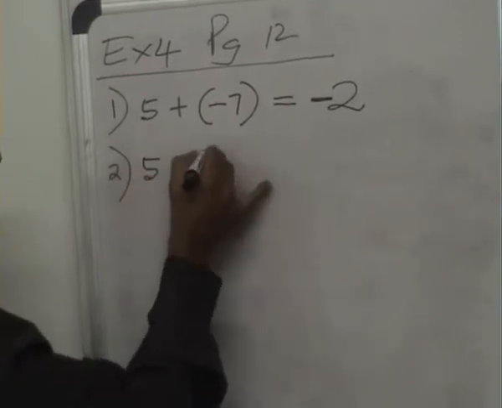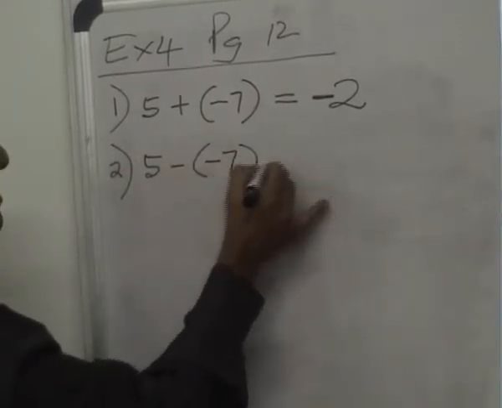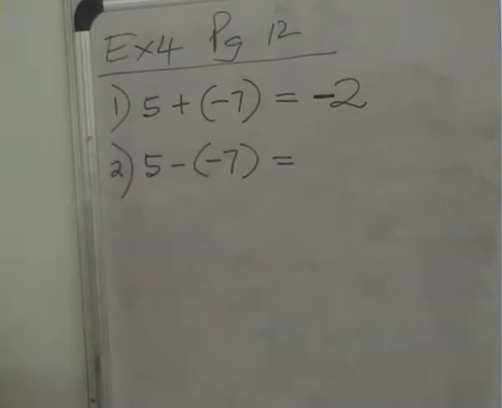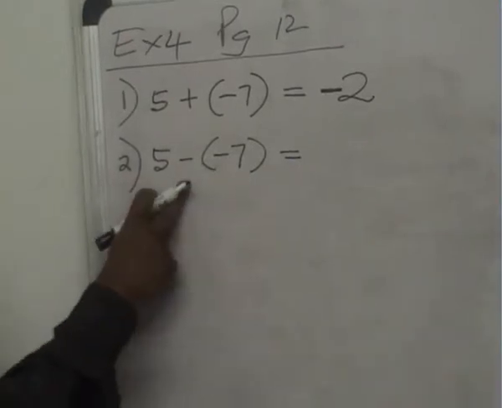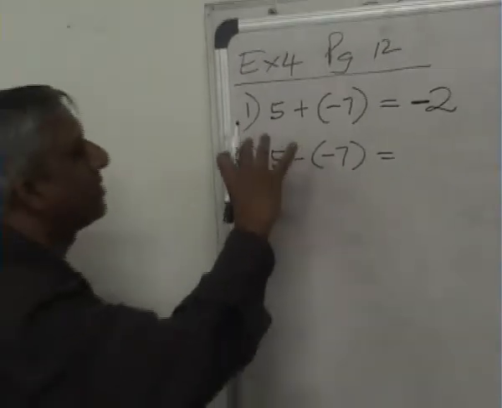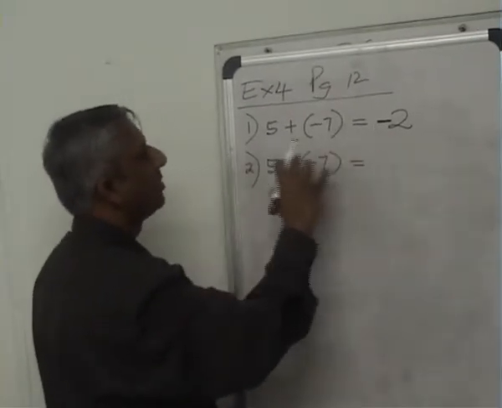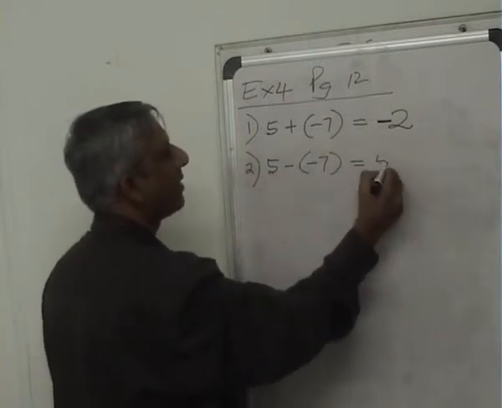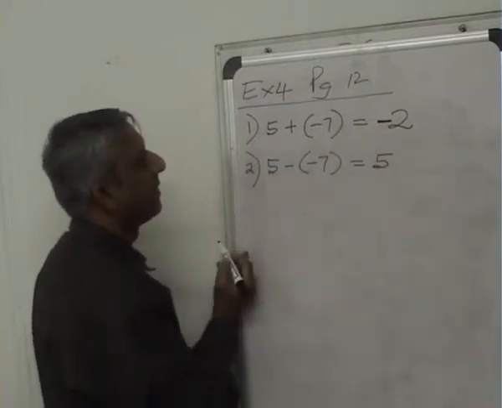Number 2 is 5 minus 7. Now when you read this question, you have to realize that it is a subtraction example. Therefore, I must now remember the subtraction rules. And the subtraction rule tells me, write the first number down just like that. So that's 5.